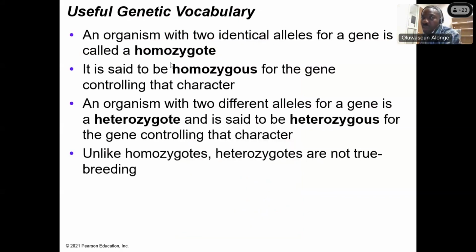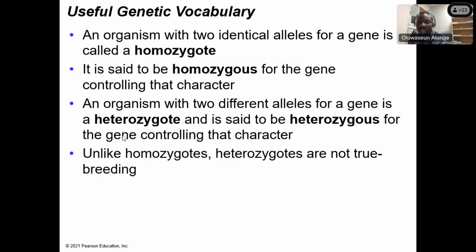So an organism with 2 identical alleles for a gene is called homozygous. I've talked about that. It is said to be homozygous for the gene controlling that character. An organism with 2 different alleles of a gene is said to be heterozygous for the gene controlling the character. Unlike homozygous, heterozygous are not true breeding.